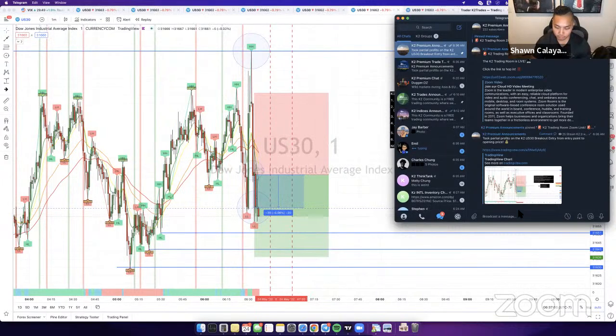So I'll screenshot this right here. It looks like it's about to hit TP, but it's just too risky because it's at opening price. You guys have to spread your risk out properly. It would have been nice to catch the full move though.